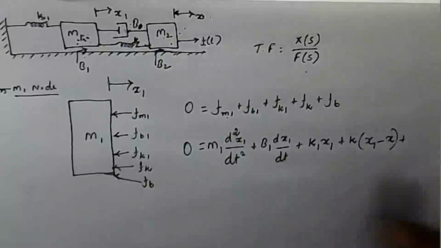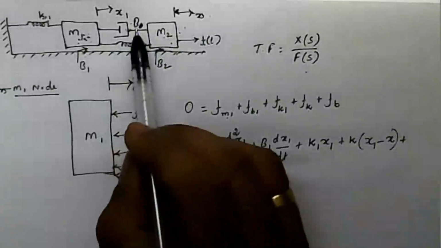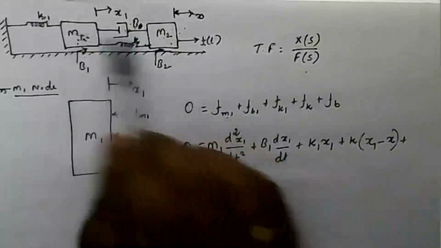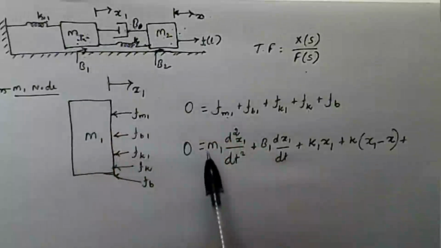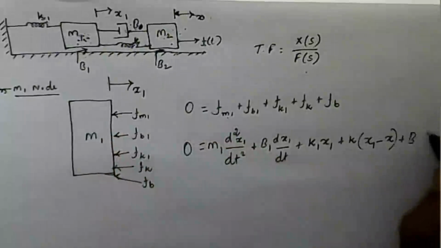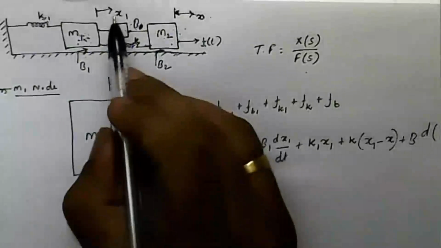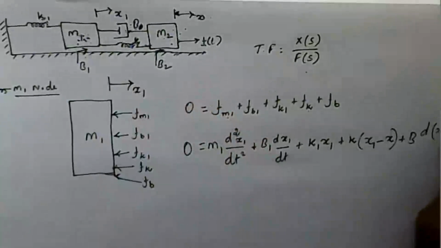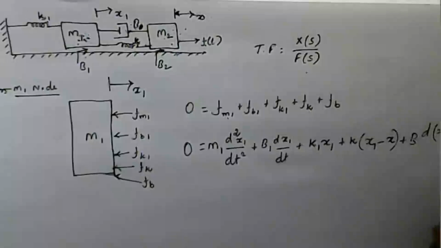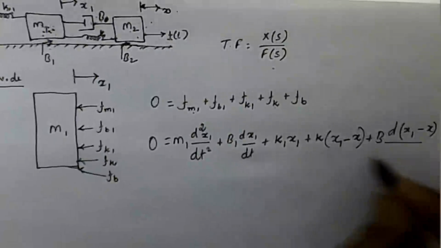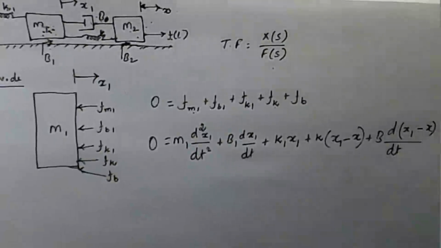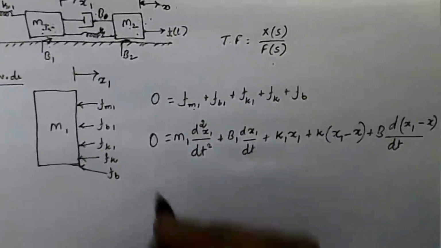Then the last element, B, is also common to the two nodes. First write the displacement for the calculated node, B times d(x1 minus x) divided by dt.